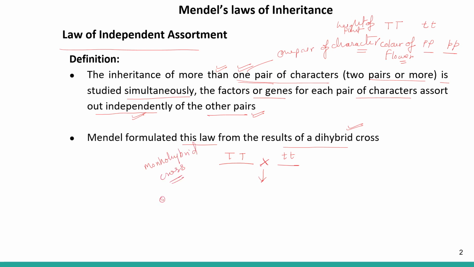This is for one character. If it is for two characters simultaneously, then it is called a dihybrid cross. So let us see with an example.